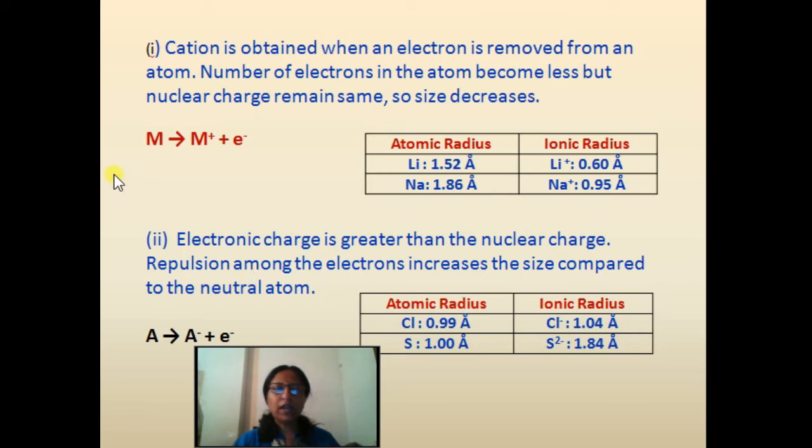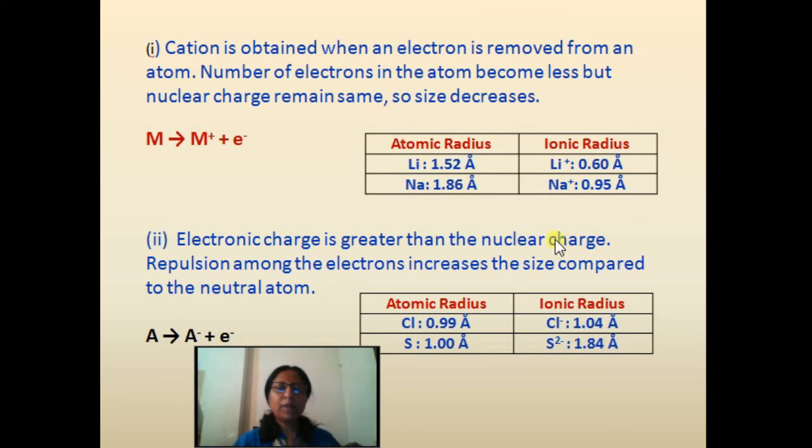You see here when a cation is formed, M gives M plus plus an electron, the atomic radius of lithium is 1.52 angstrom, whereas the ionic radius of Li plus is 0.60 angstrom. So this is much less than the neutral lithium. And in case of sodium, in neutral condition it is 1.86 angstrom, but when it is a cation, that is Na plus, the ionic radius is only 0.95 angstrom.